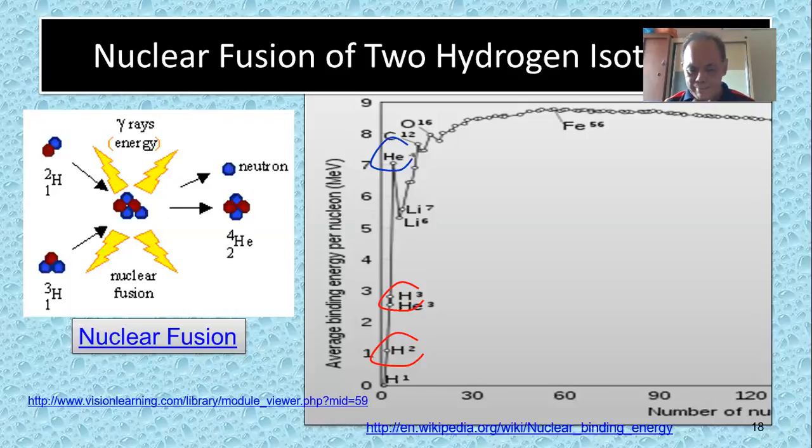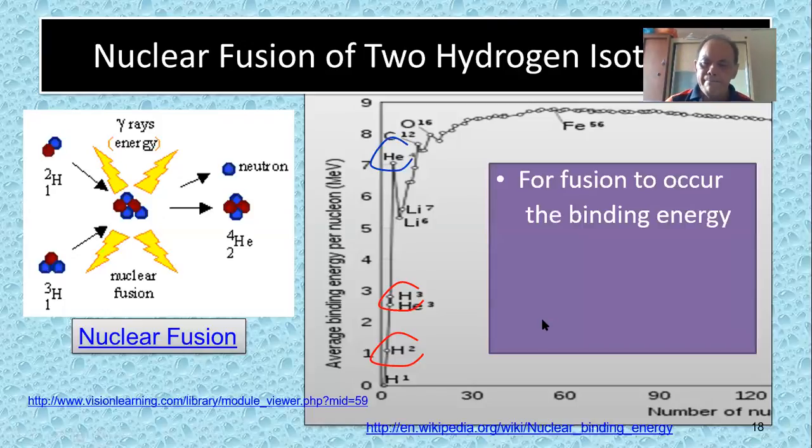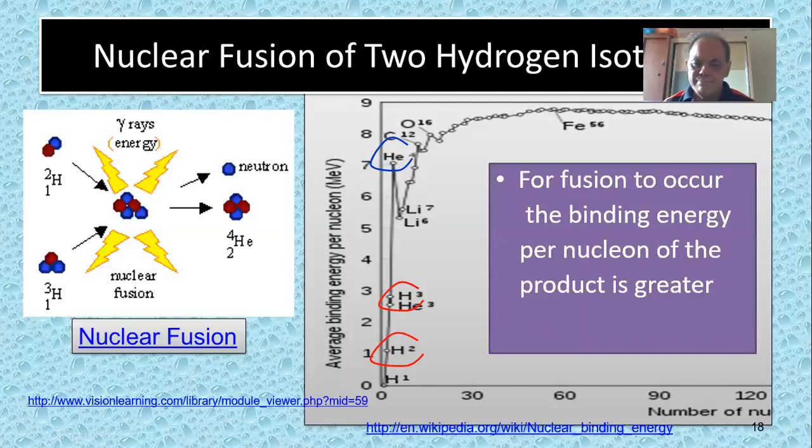So we can see the same thing: binding energy per nucleon increases, so that's an energy releasing process. For fusion to occur, the binding energy per nucleon of the product, helium, is greater than the reactant. The reactants are tritium and deuterium.